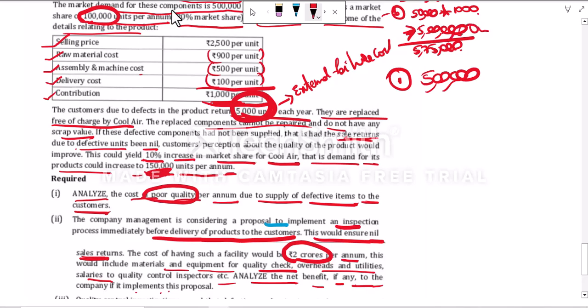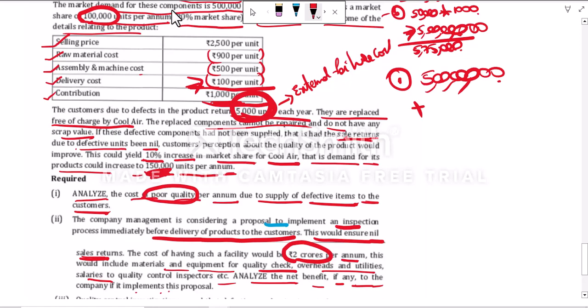Here 5 crores plus, for the 5,000 units they will not incur the extra delivery cost again for sales return. Sorry, 5,000, because only 5,000 units are returned. So for 5,000 goods they will not incur any delivery cost.